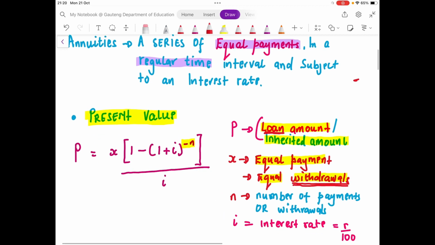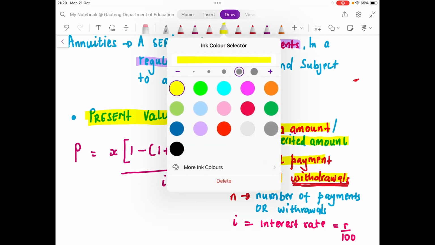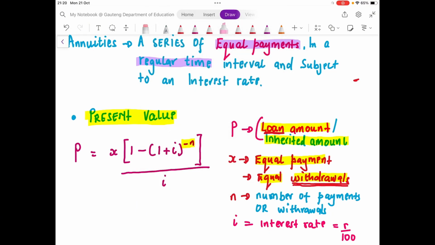And then n here represents the number of payments or the number of withdrawals. How many payments are you going to make? How many withdrawals are you going to make? That is your n, the number of payments or the number of withdrawals.